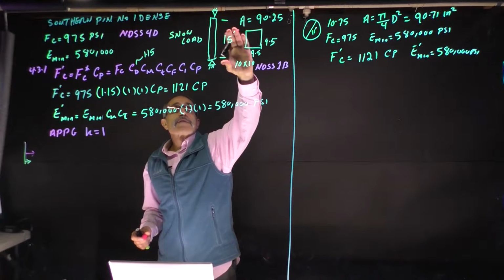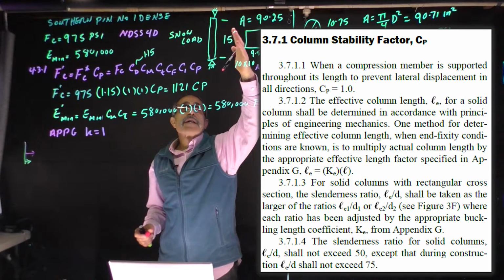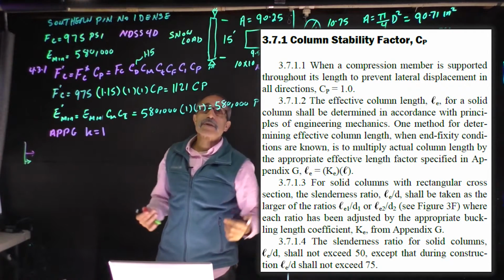Now we go to the effective length. Our effective length is 15 feet, because it's an unsupported length that is not supported sideways.